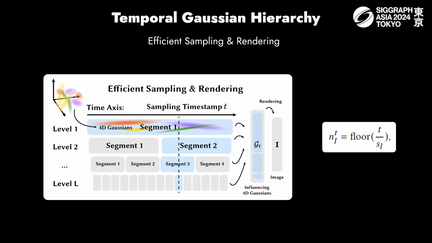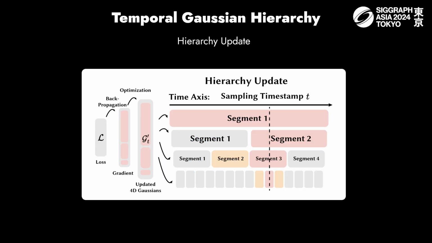The computational complexity of this identification process is O(log n), where n is the total number of segments in the hierarchy. In practice, we place the temporal Gaussian hierarchy structure inside RAM and only copy the influence segments to the GPU memory. After each training step, the properties of the selected Gaussians are optimized with the reconstruction loss.